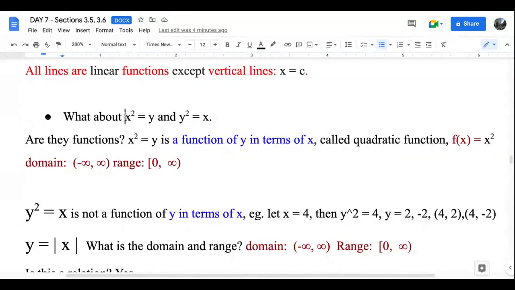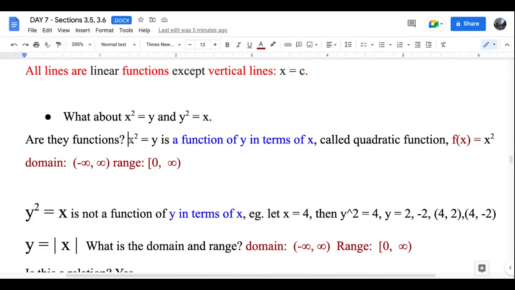Let's see now. This again is by convention. By convention, we see y equals x squared is a function, right? Because we change y to be f of x. So this is a function of y in terms of x. The domain is from negative infinity to positive infinity, which is all real numbers.